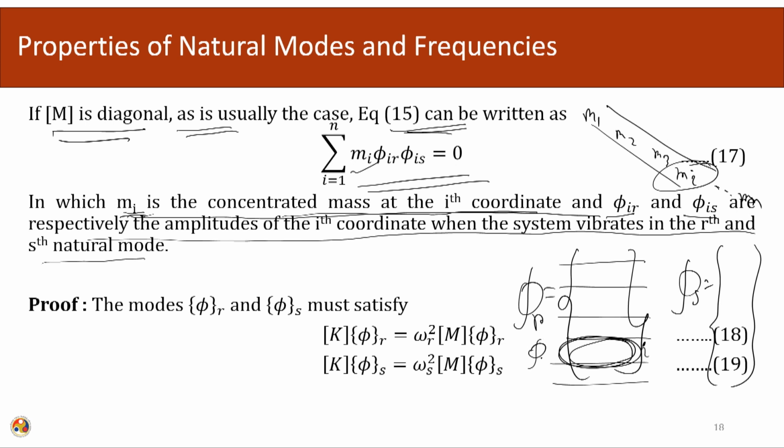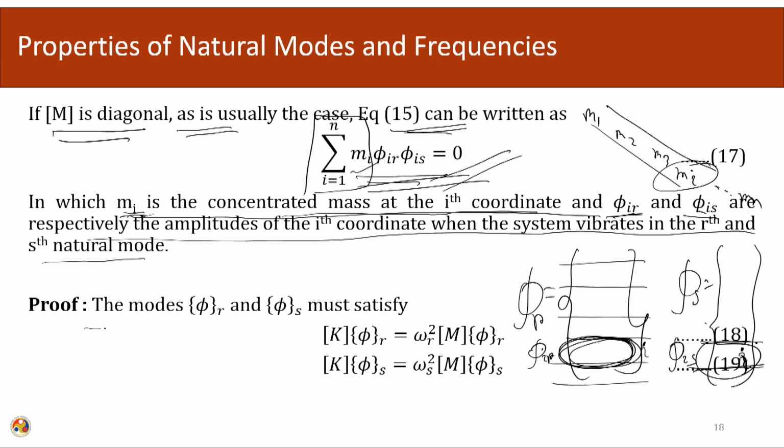So, this becomes phi ir, and similarly here there will be a mode value corresponding to the ith coordinate, so this becomes phi is. So, phi ir and phi is are these two quantities. If we multiply them and sum over the entire mode shapes, then this term is going to be 0.